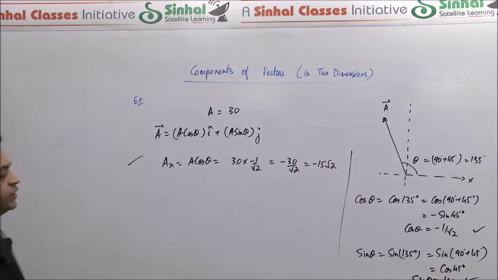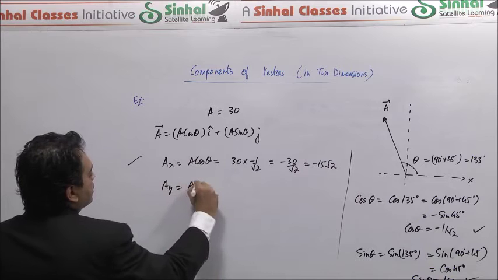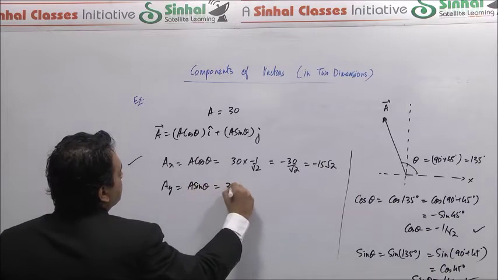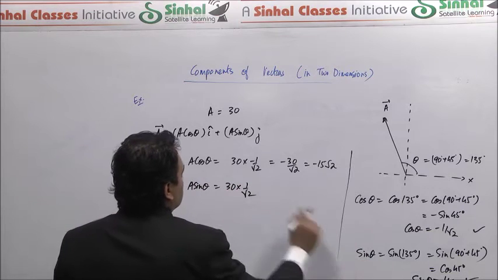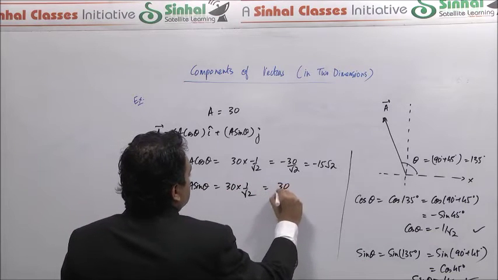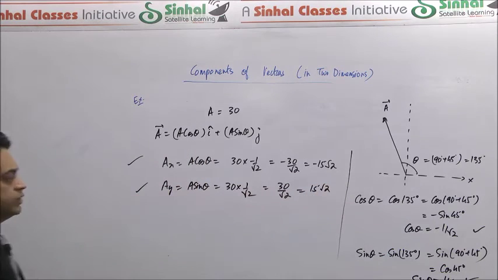So that becomes the value of AX, right? And AY similarly is A sine theta, so that becomes 30 multiplied by 1 by root 2, as we have expressed over there. So this becomes 15 root 2. So these are the values of AX and AY.